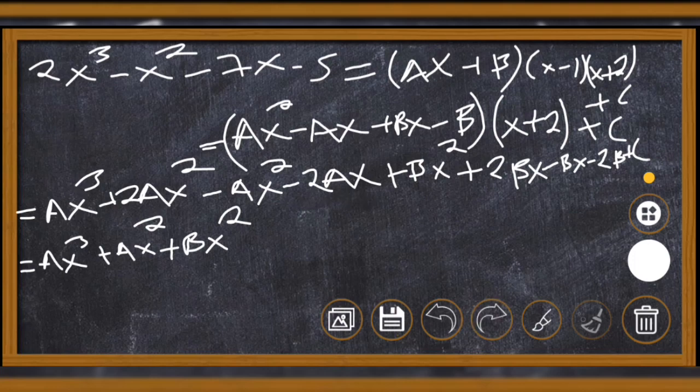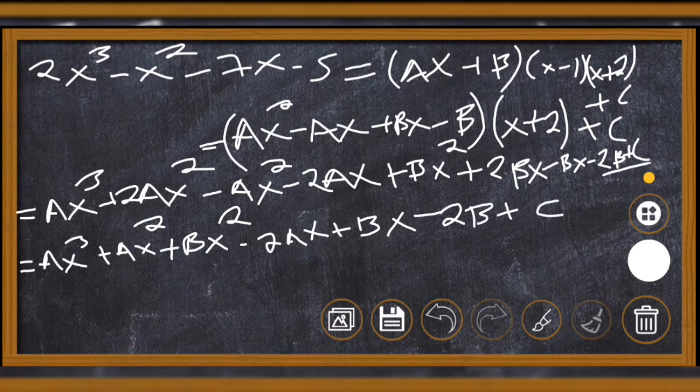So this is going to be negative 2ax, and then positive 2bx minus bx, we're going to have bx. Okay, so we are done with this part, and the last part that's remaining is where we have these last constant values. That's negative 2b plus c. So these are the values that you have. So let's simplify further this one.